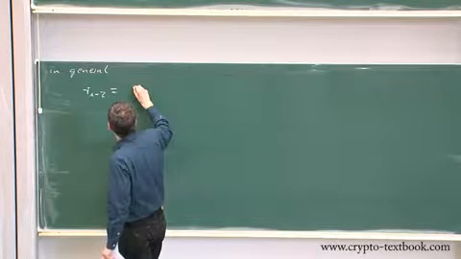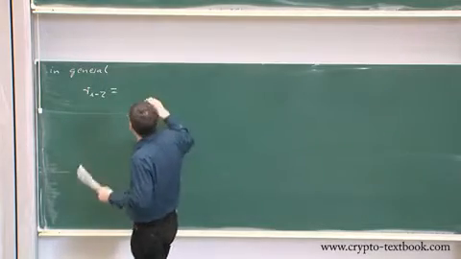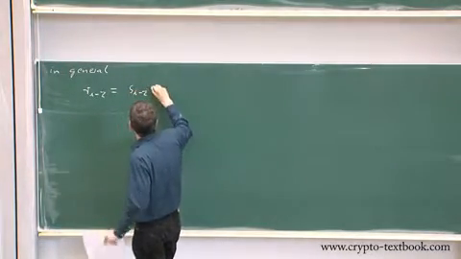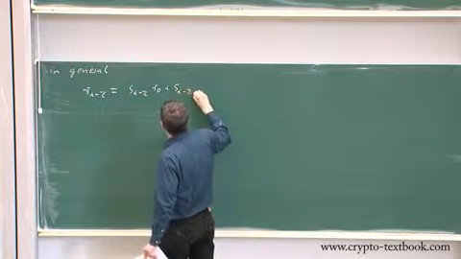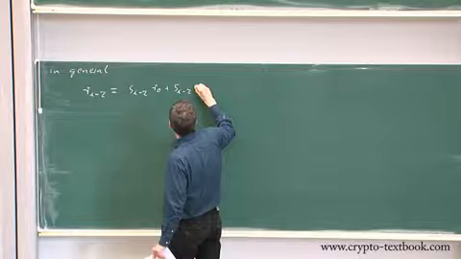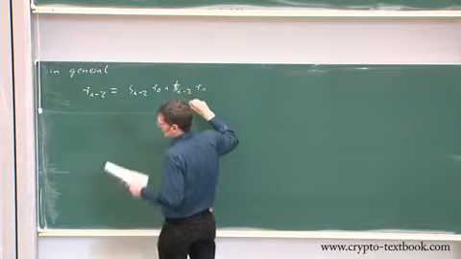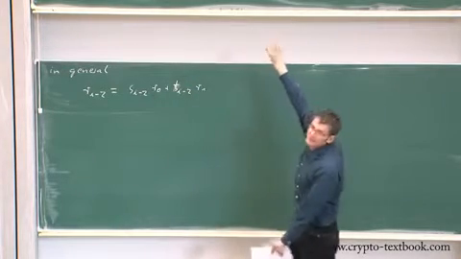And what you computed, let's say in iteration number 10, is s_{i-2} times R0 plus t_{i-2} times R1, right? So this is the right-hand side.